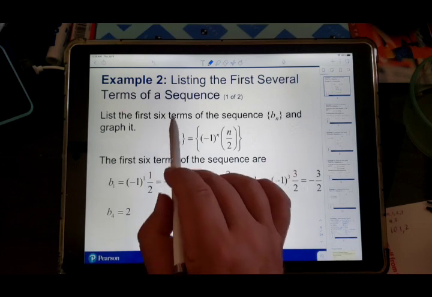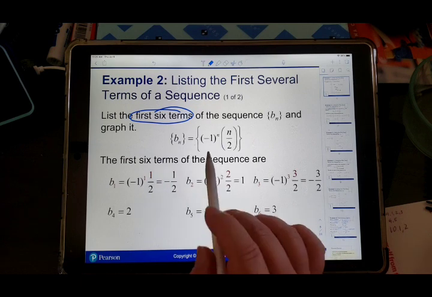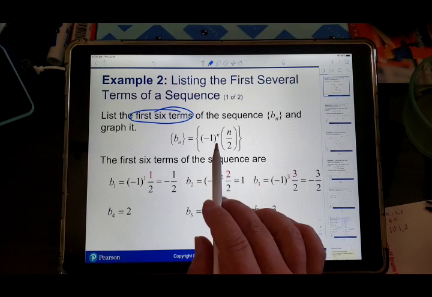And they'll ask you to find a certain number of terms. They might ask you to find a random term, like the 30th or the 100th. But you have the formula. So that's the idea. Can you resurrect the list or find the sequence just by having the formula? And you certainly can.